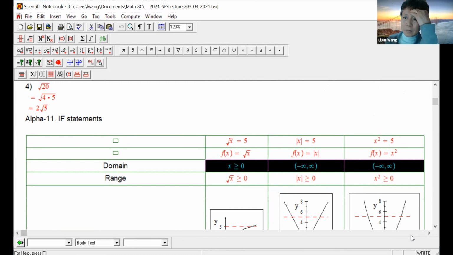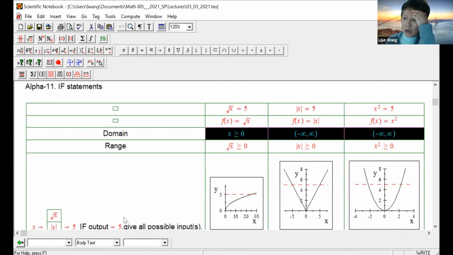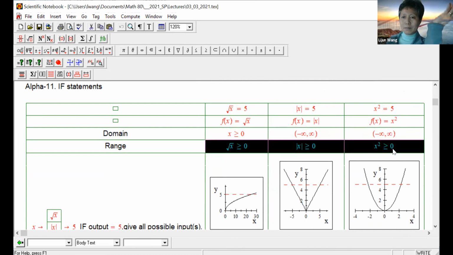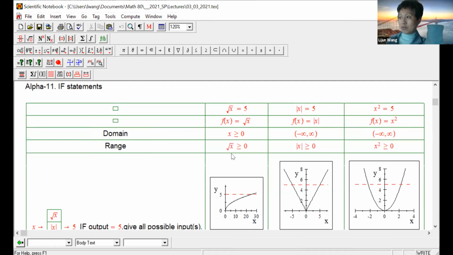You follow me? We are given an output 5. Is the output in the range of all 3 functions, all 3 rules? It does, right? The range for square root of x is greater than or equal to 0, and 5 is in there. And the range for absolute value of x is greater than or equal to 0, and 5 is in there.